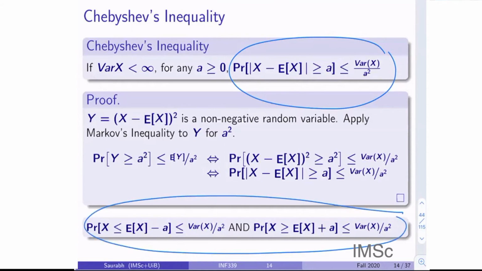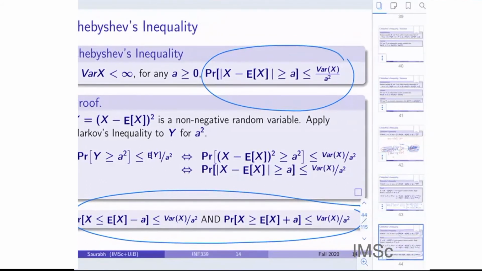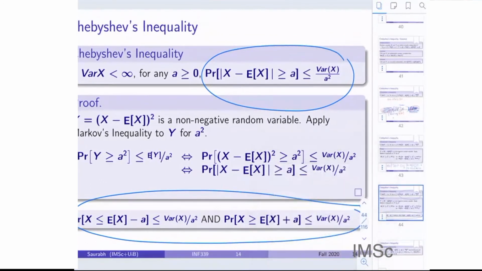Now let's ask ourselves, going back to our running example, what was our running example?